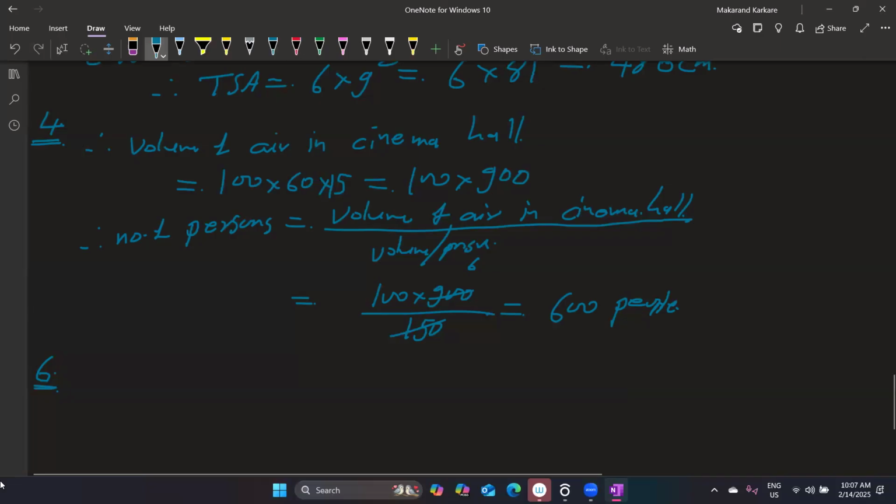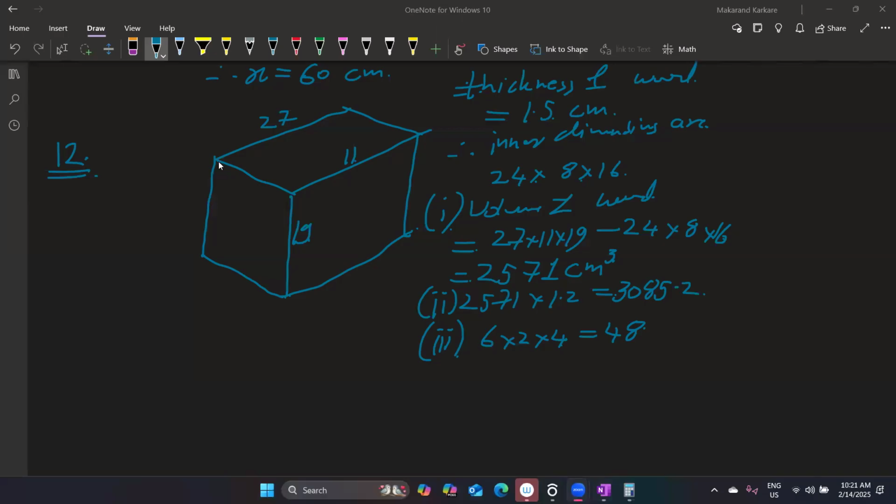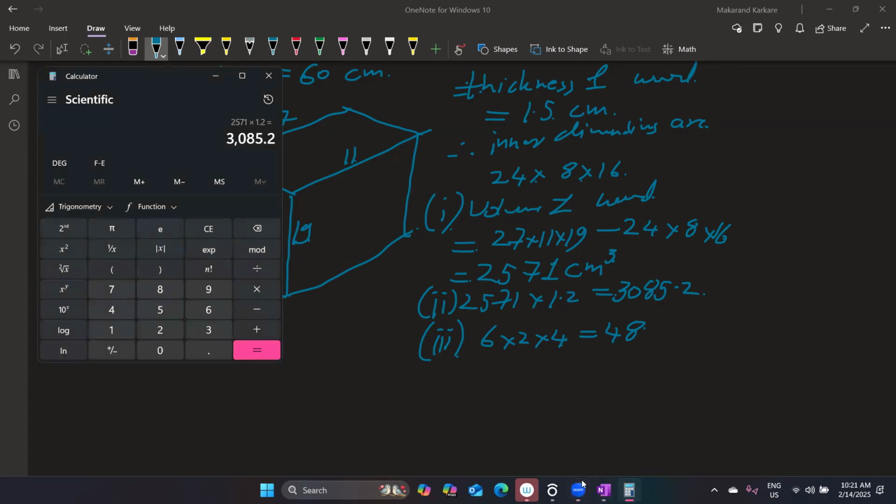Again, I shamelessly used a calculator. So this is how I did it, okay? Let us check if you went wrong somewhere. Sir, for inner volume, we will take 27 or 24. 24. So 24 into 16 into 8, right? Yeah, so 27 into 11 into 19, right?